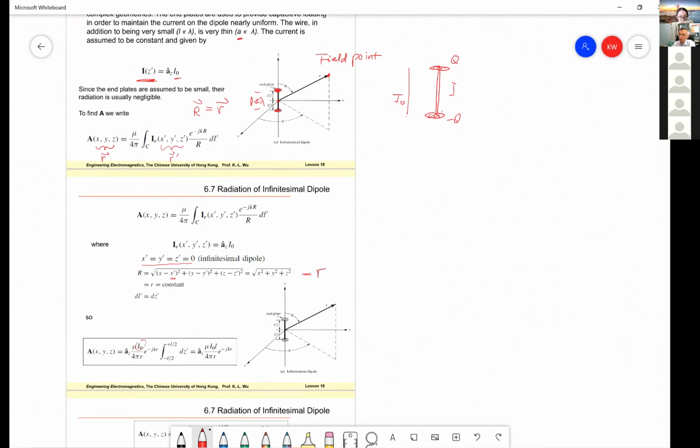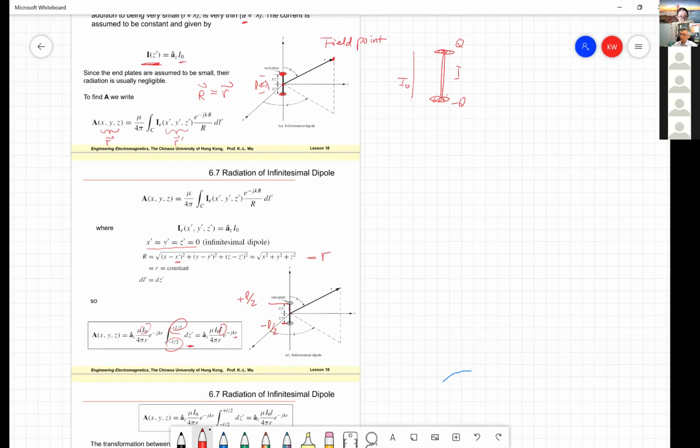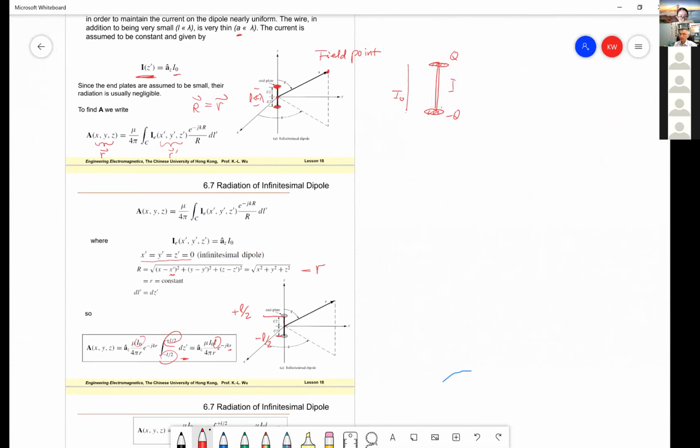So I only integrate from minus L divided by 2 to plus L divided by 2, from the lower limit to the upper limit, along the z-axis, okay? As a result, that multiplies the length L, right? Because this is so small, this R is constant.